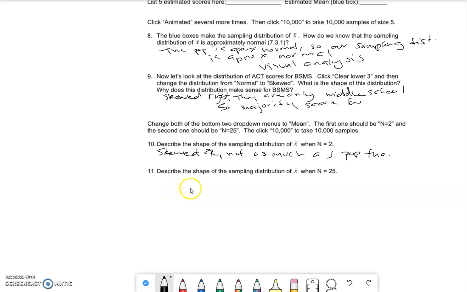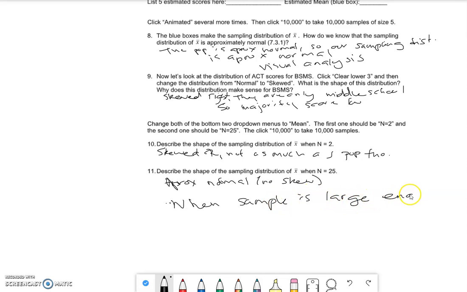And our sampling distribution when n equals 25 is going to be approximately normal now, not skewed. And we see that when the sample is large enough, the key is there is that it had to be large, right?